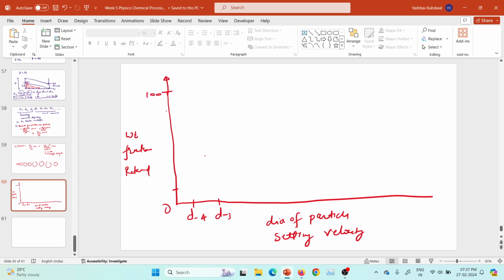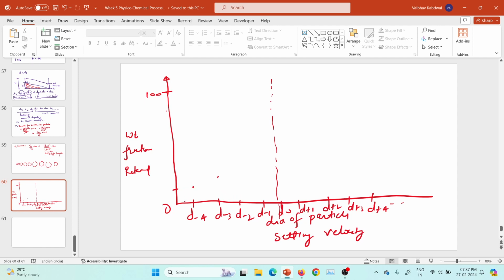Let's write the x-axis first: D minus 1, d naught, d plus 1, d plus 2, d plus 3, d plus 4, like that. So let's say we have designed for d naught size particle. So what we'll do is the sieve analysis. Whatever is retained, we'll plot the graph.